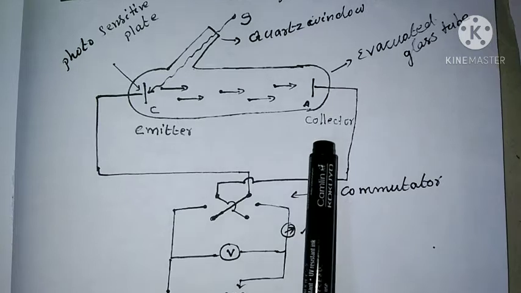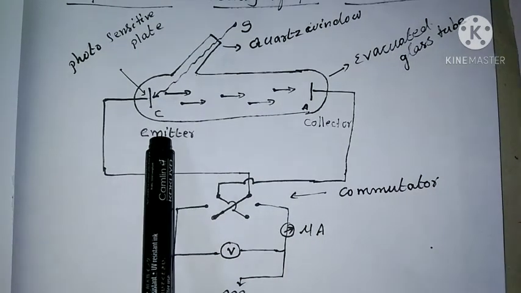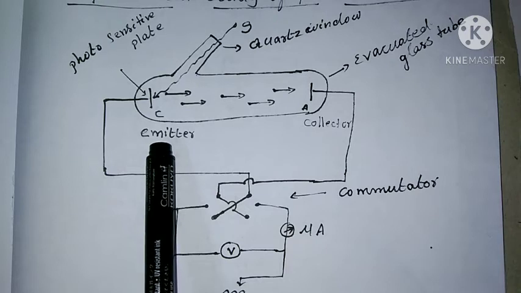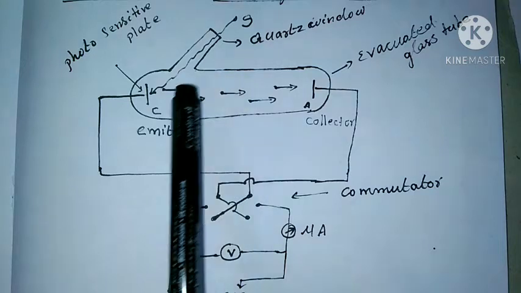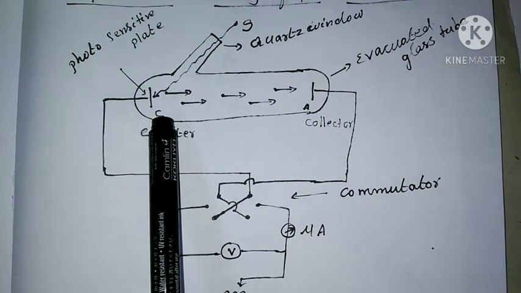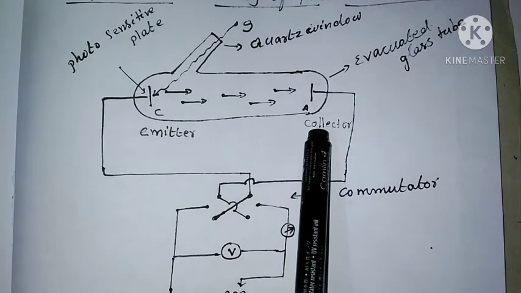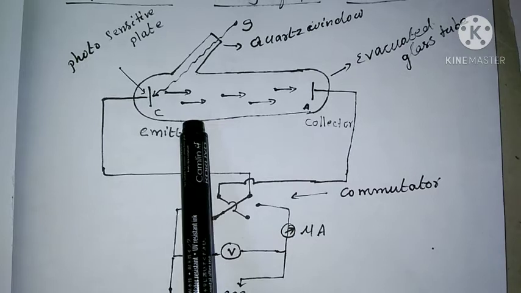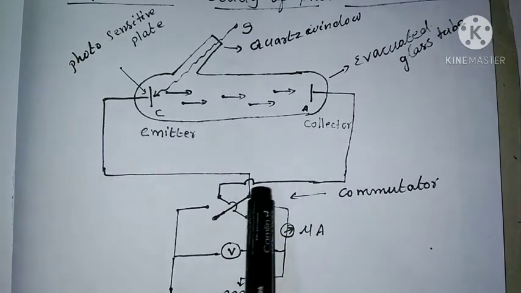First, keep the collector potential positive and the emitter potential negative. When the incident light falls on the emitter, electrons are emitted from the emitter, the positive collector potential collects the electrons, and the photocurrent flows through the circuit.